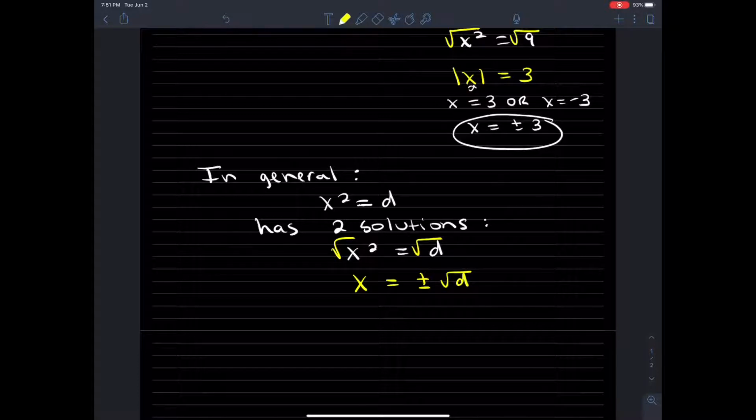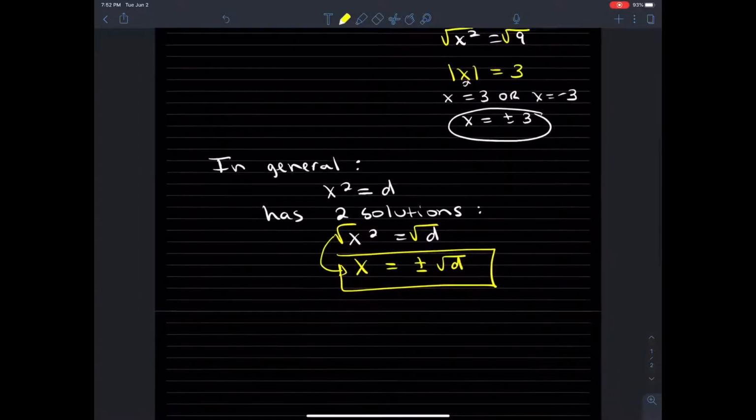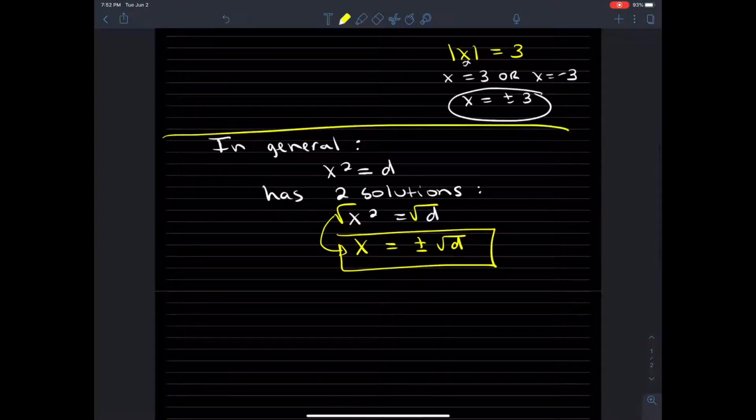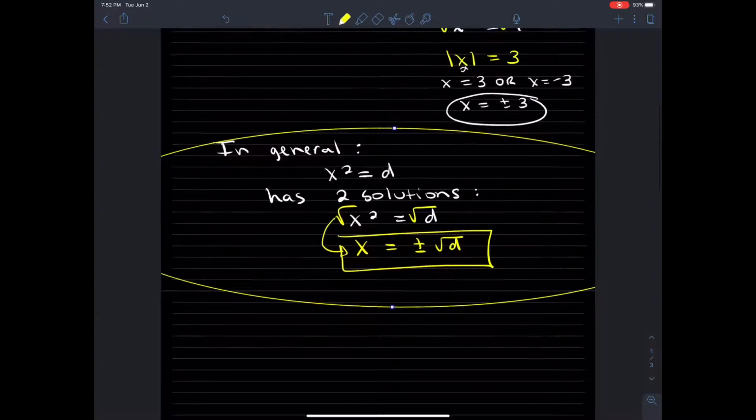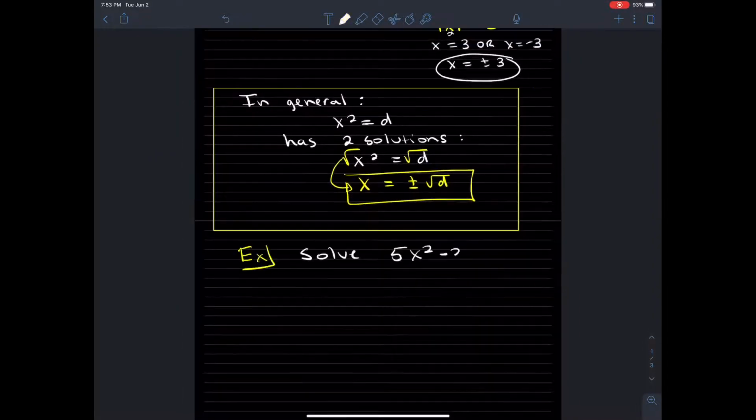We don't know what d is, so that's just the answer. So it has two solutions, plus square root of d and minus square root of d. When you're pulling out the x, it's an absolute value, so it has two solutions, a plus and a minus. We can remember that, and that's called extracting the square root.